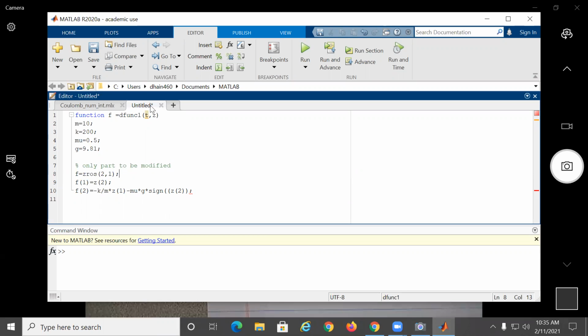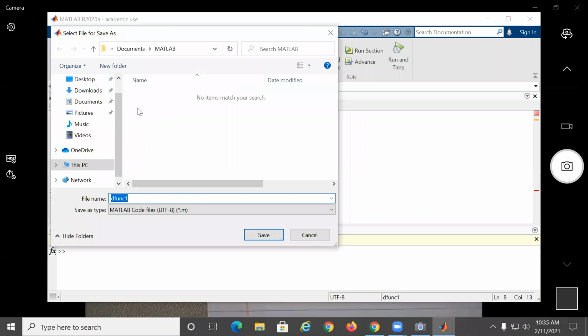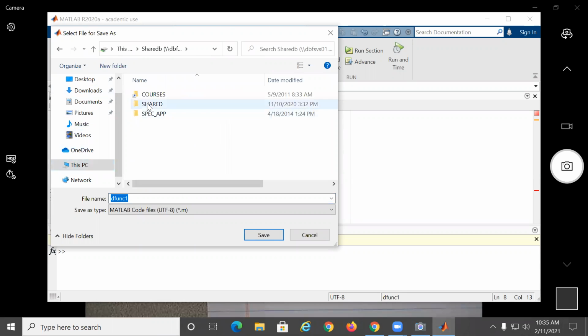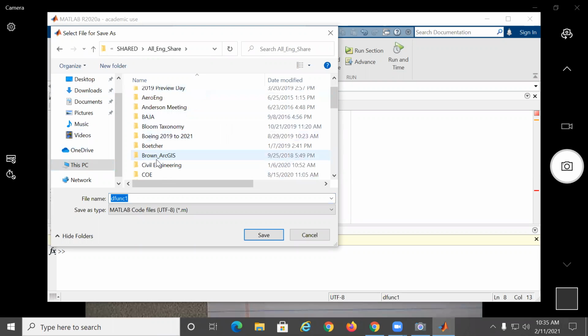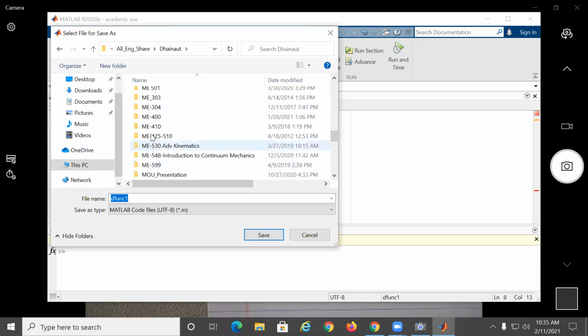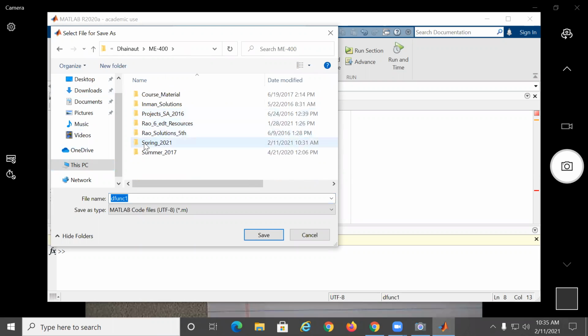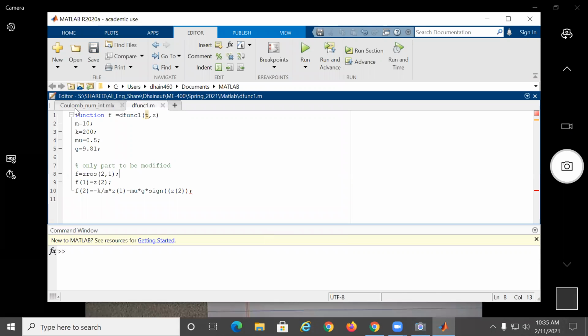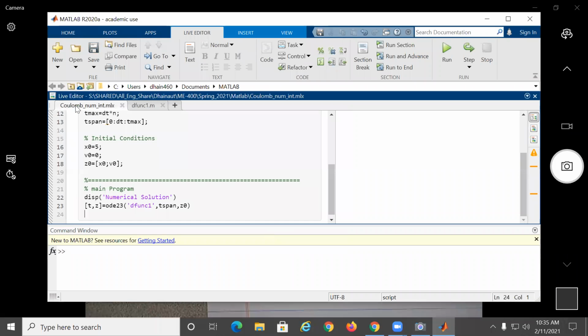So file, save as. I need to put it on the same space as the other one. Okay, so it should be the function 1 and save. Okay, so now let me just do the first one, then we can do the rest.